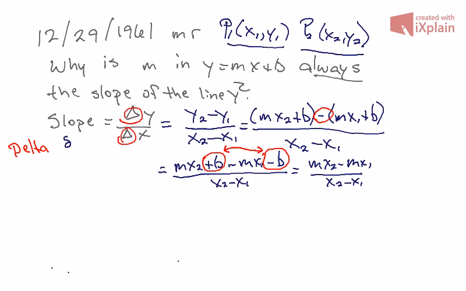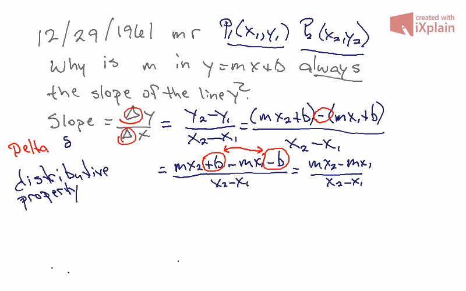Now, what I'm going to do with this numerator is apply the distributive property. This is one of the properties of the set of real numbers and other numbers as well.